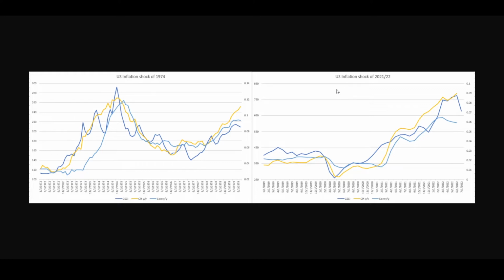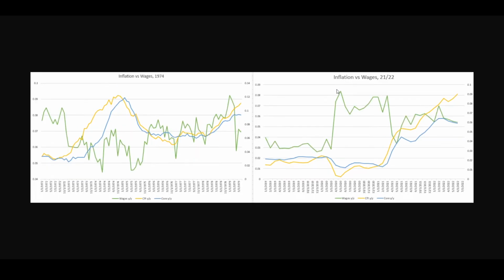So the backgrounds of those two economic phenomena are getting us into some resemblance, and especially with inflation versus wages gauges, there are also some similarities.